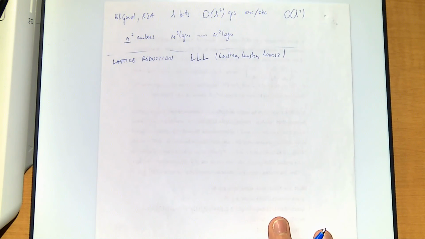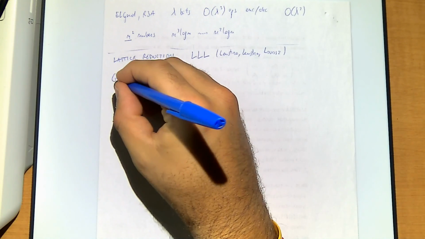Okay, so maybe we can see quickly an example in dimension 2, and then just mention that this is a generalization, because the actual LLL algorithm is not obvious at all. But a simple example would be this. If you have a little bit of familiarity with geometry, this was already done by Gauss.